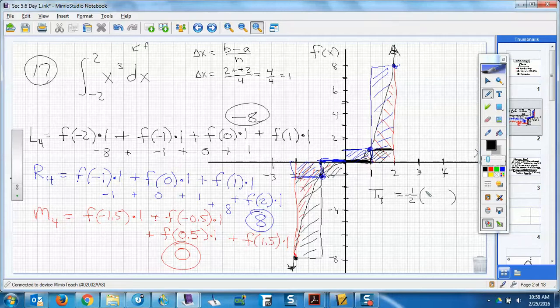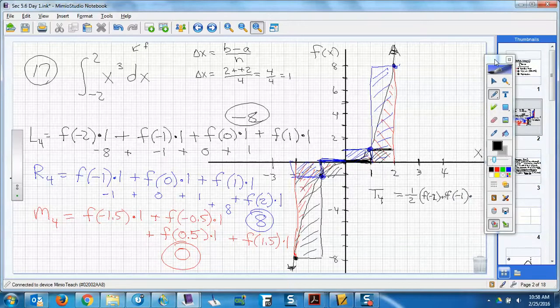So in here is going to be F of -2, excuse me, plus F of -1. I didn't leave myself enough space. So F of -2 plus F of -1 times what's the width of the trapezoid. That's this 1 right here, right? So it's 1/2, those parallel sides, and then that's 1 right there.